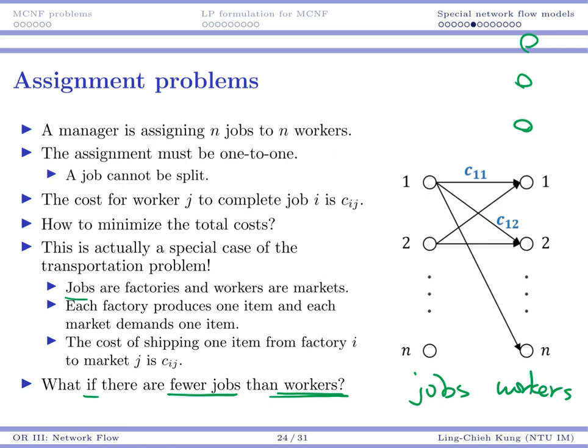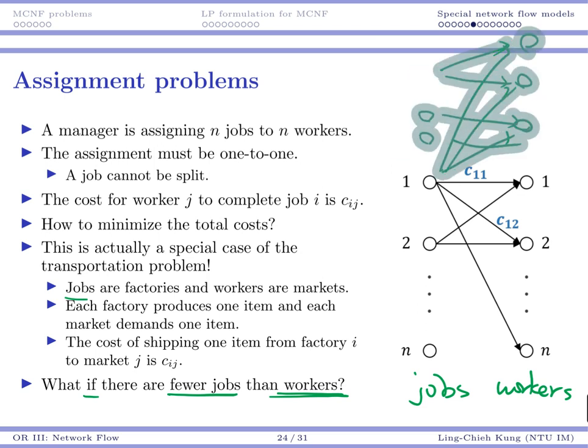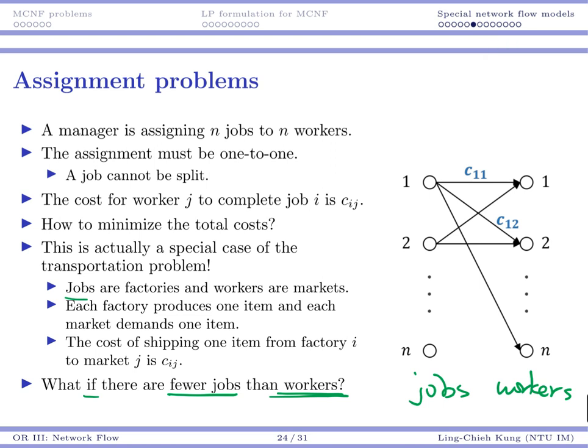If you want to formulate that as a transportation problem, that's not a very big problem, because all you need to do is create a virtual supply, or several virtual jobs, so that the delivery from virtual jobs to all your real workers has the cost of 0.